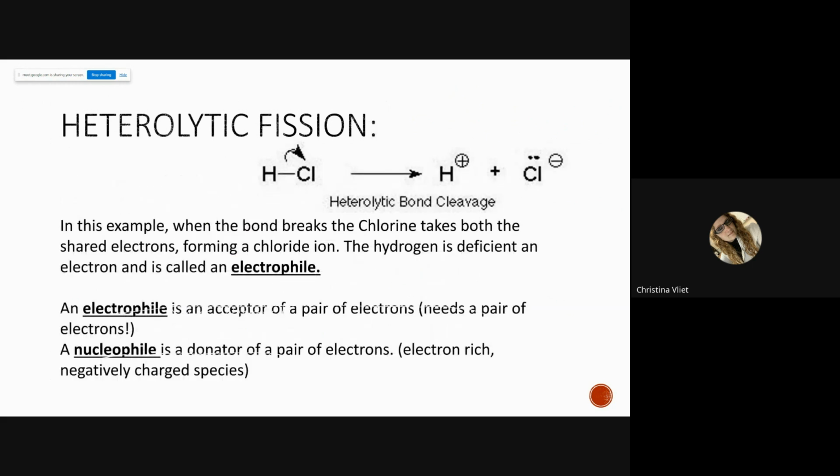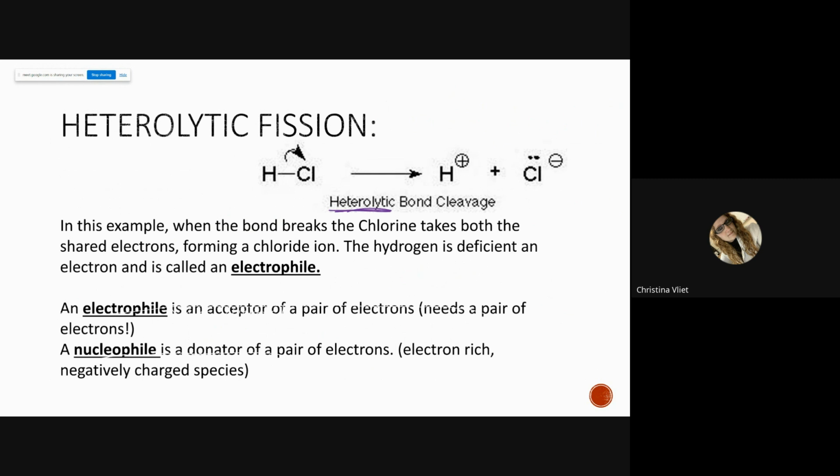When you have a heterolytic bond break and one atom loses the electrons and the other atom gains the electrons, one of the atoms becomes positive and one of the atoms becomes negative. They actually have a new name that you've got to be responsible for instead of just calling them a cation and anion.